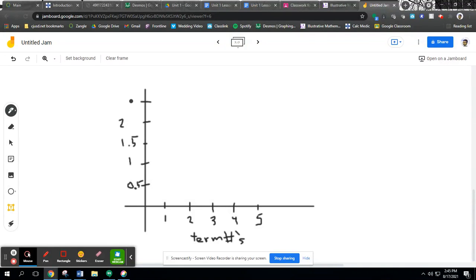I don't go above 2.5, so actually I'll stop here instead of all the way up to 3. All right, so we know term 1 was 0.75, so that's halfway between here. There's our first point, 1 and 0.75. If you want to write the point, you can. I'll do it just for this one, (1, 0.75).